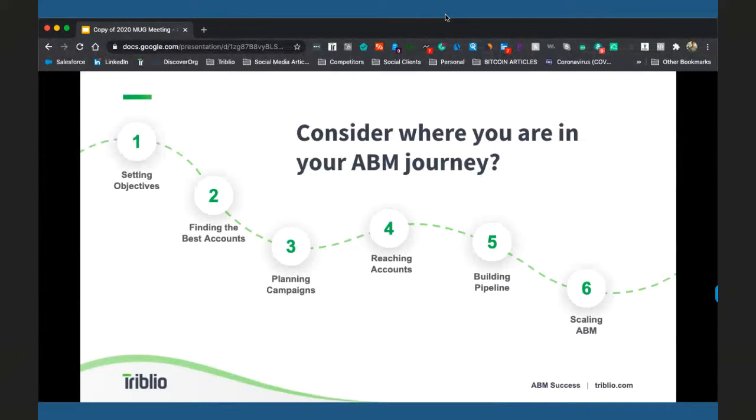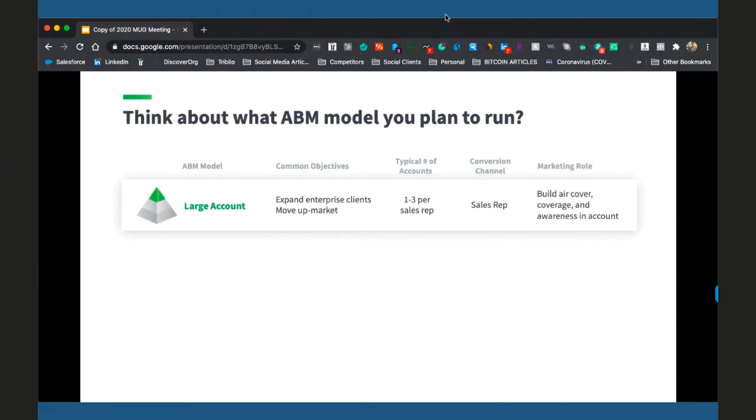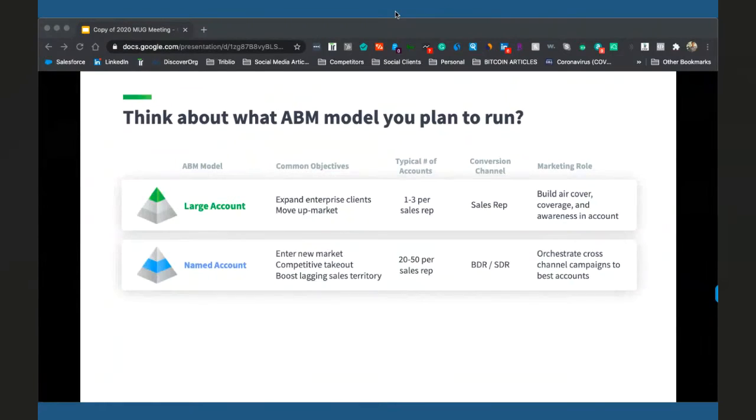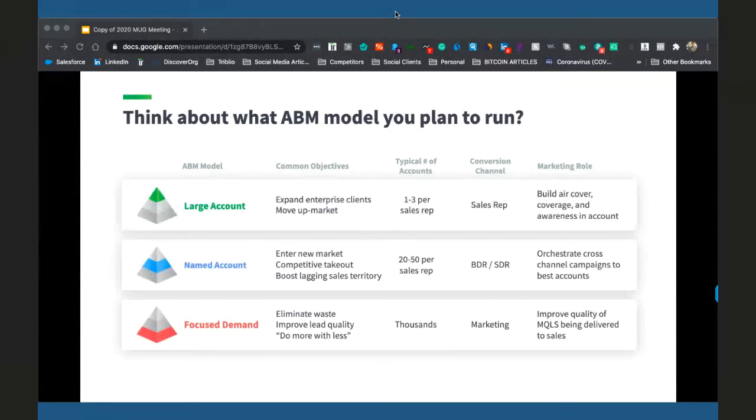And the first thing would be to understand what ABM model you're planning on running. And then the last model that you might think about is, we call it focused demand, but it's essentially marketing taking more of an earnest approach on ABM. And then you tend to see that in those models, it's a significantly larger list.